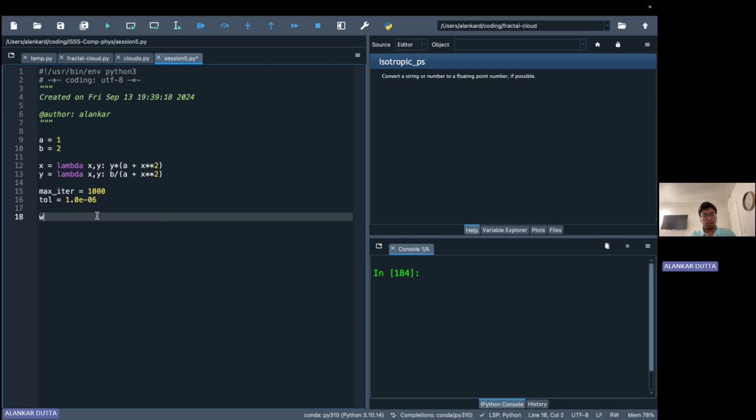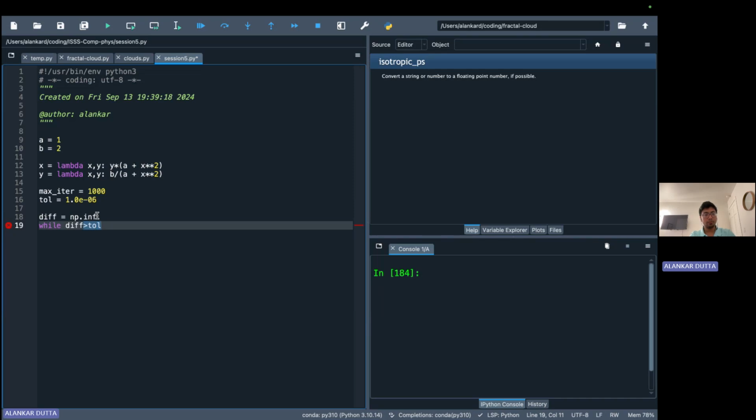So we do a while, right? And we do something like difference. So diff is like the difference in values. So np.inf. We start with some random value, which is infinite. So we do while diff is greater than tolerance.